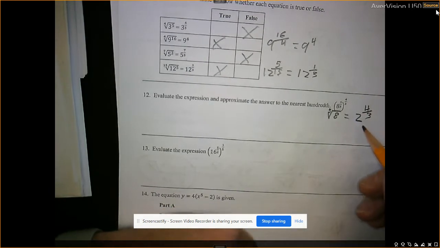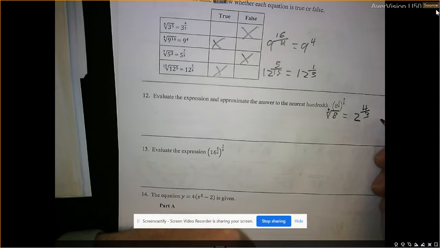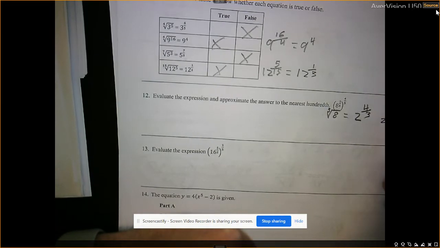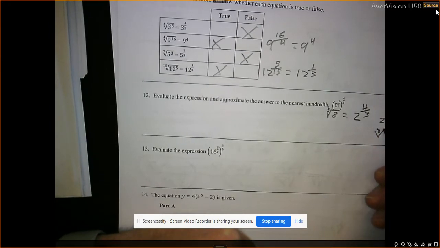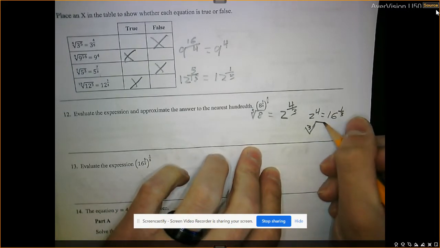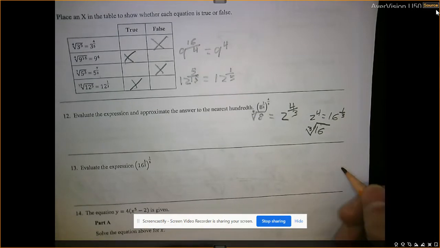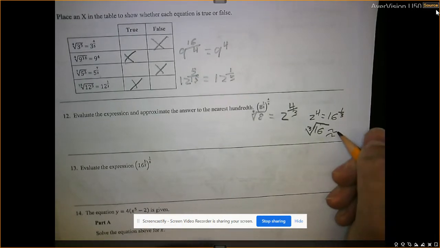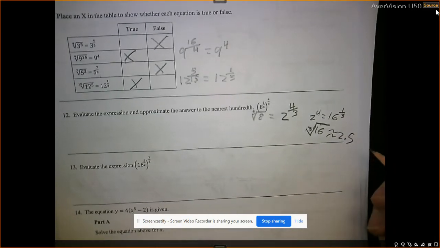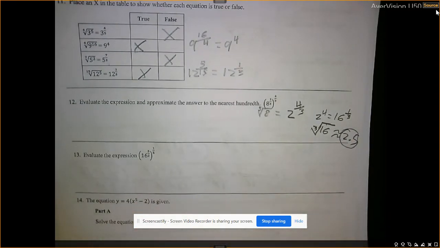One, you could just put in 2 to the 4/3 in your calculator, but really that's like saying, okay, 2 to the 4th, well, that's 16. And now we still have to do to the 1/3, or take the cube root of 16. You can't see the work I'm doing, I'm sorry. There's a bunch of different ways of thinking about it. And then when you do this, either way, no matter how you thought about it, you should get down to an answer of about 2.5 when you round.